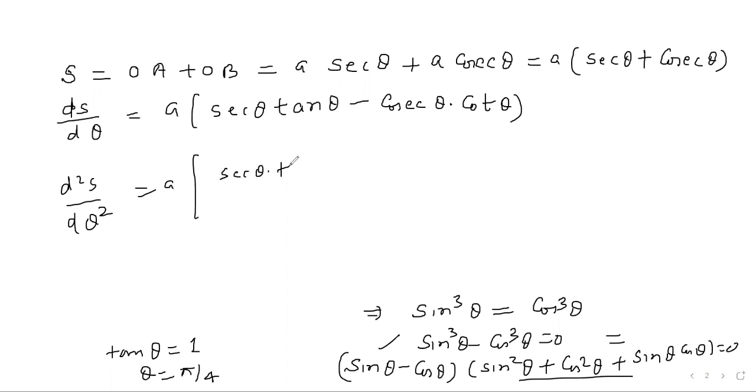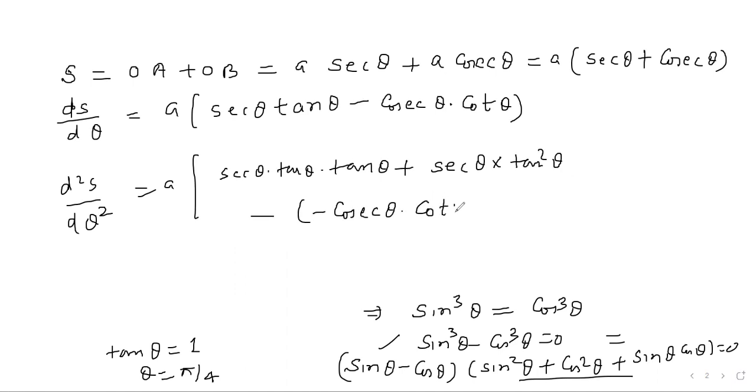Sec theta tan theta into tan theta plus sec theta into sec square theta, minus cosec theta cot theta times cot theta, and then minus cosec theta into cosec square theta.